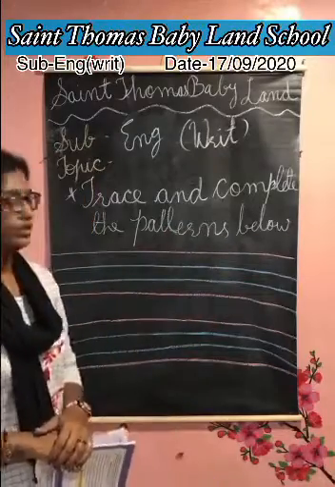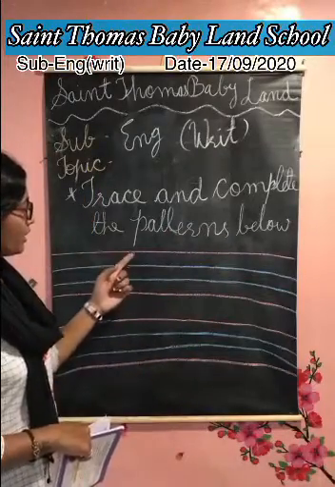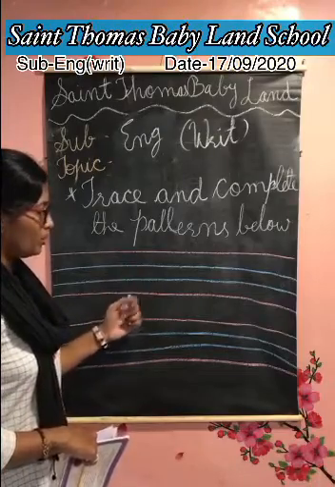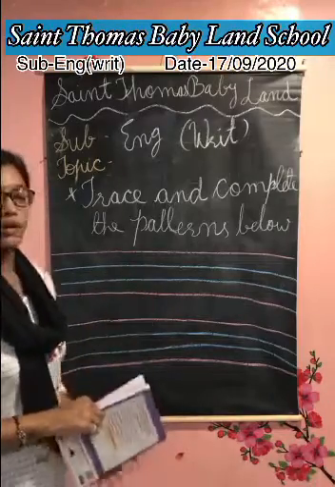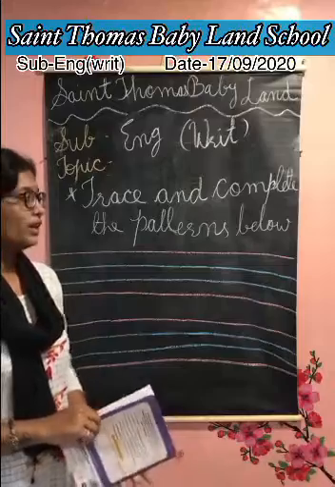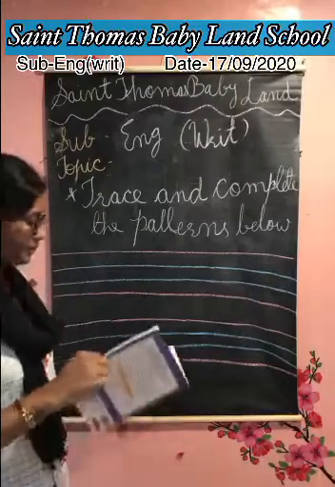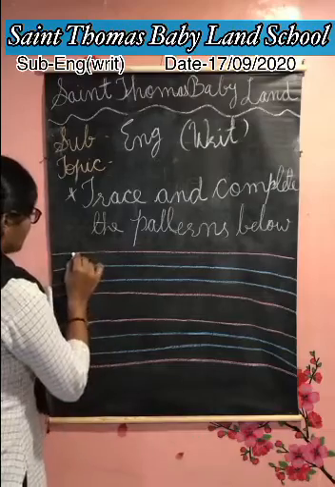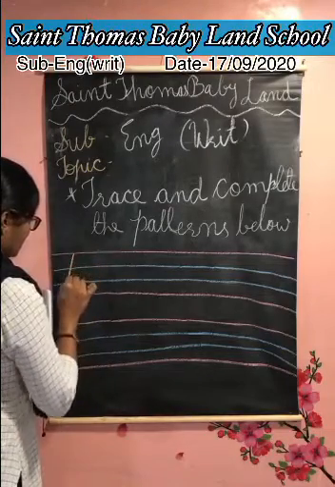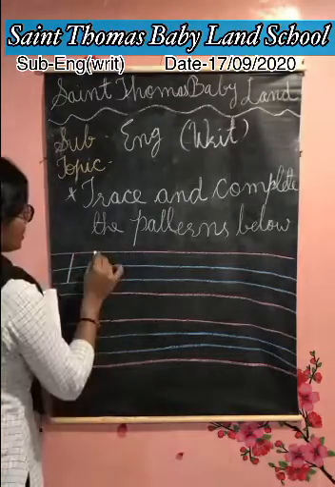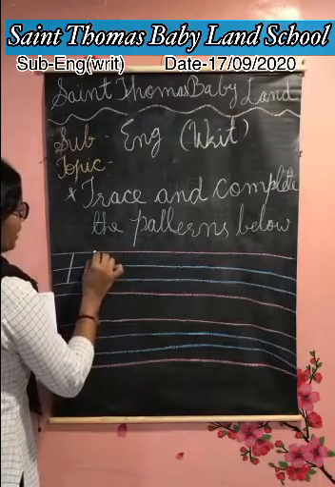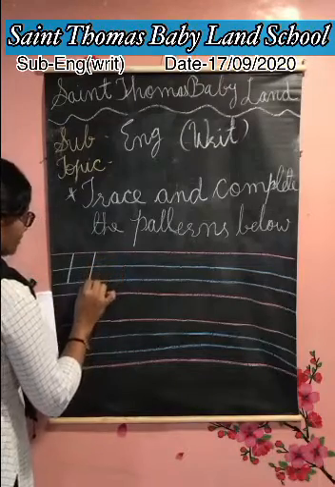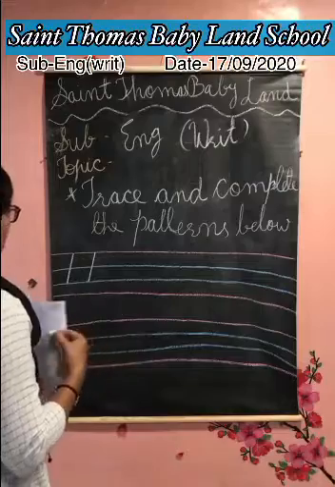Here I wrote 4 lines, red line, blue line, red line, blue line. I'll show you how to write patterns line to line. First we have to start with this pattern. We will start from red line to blue line. Next, curves.